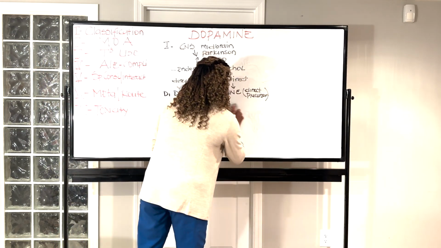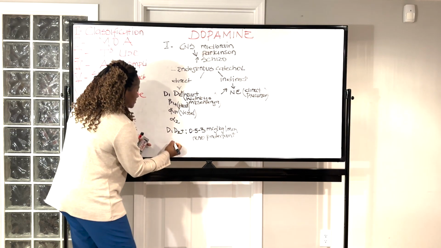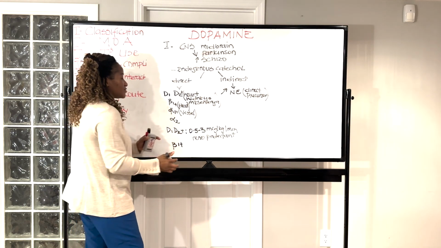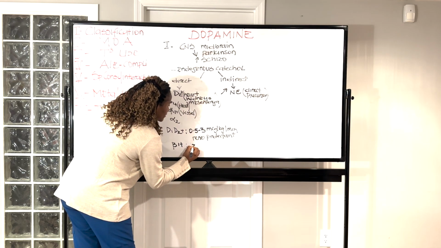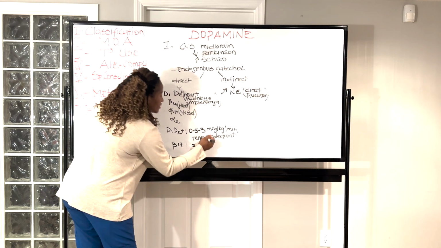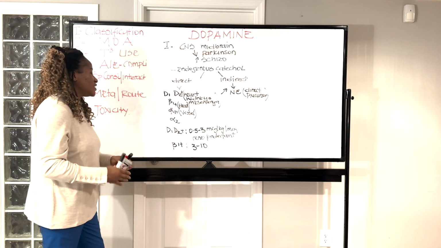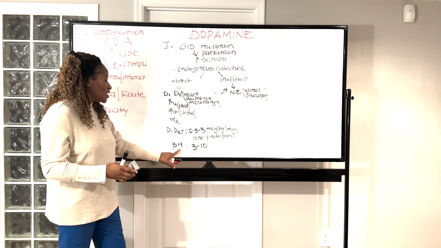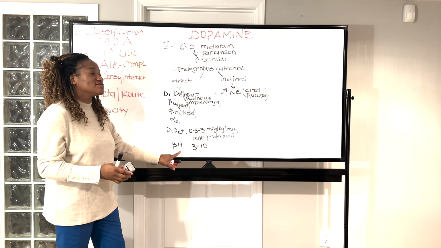So on the beta 1 here, now the dose is going to be different. It's going to be from 3 to 10 mics per kg per minute. So this is why we want to give dopamine, because of this. We are looking for this action in clinical use.